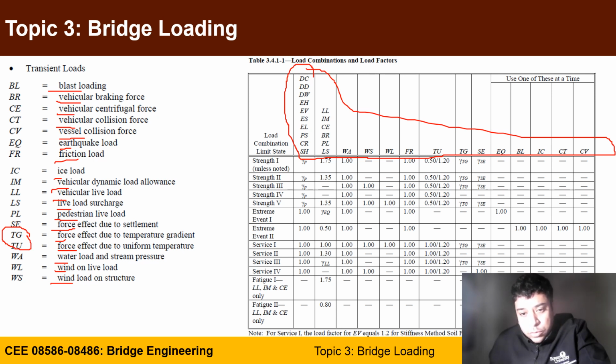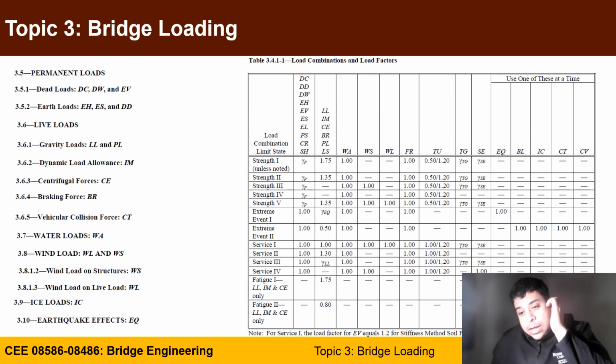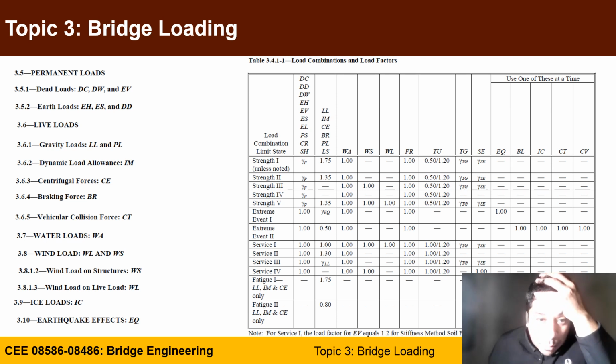We also need to consider what those limit states are and how to get those factors. So if you go to section 3 in AASHTO, I'm putting here all the section numbers. If you want to go for dead load, DC, DW, EV, you are going to section 3.5.1.